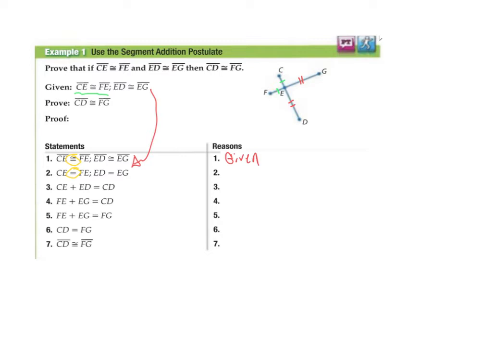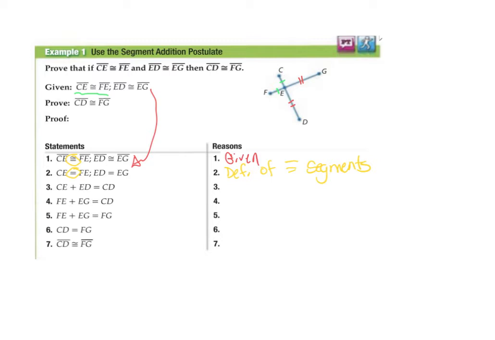And the only reason that lets me go from congruence to equal or equal to congruence would be the definition of congruent segments. And as you're doing these proofs, you want to be able to refer to your reasons for proofs document. If you don't have it next to you, you should.